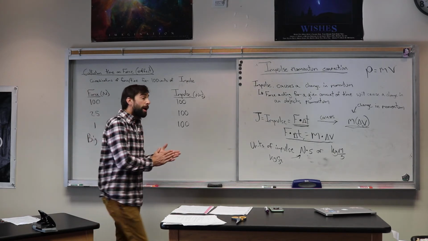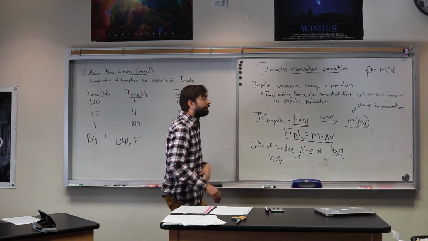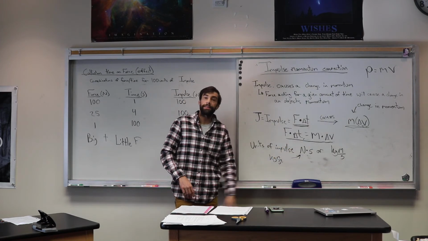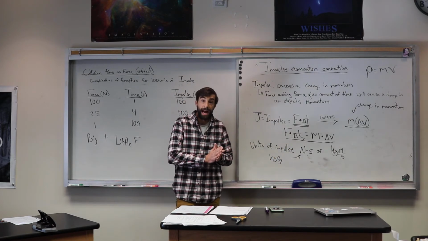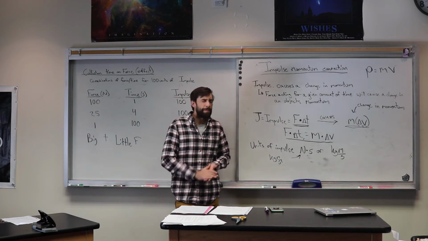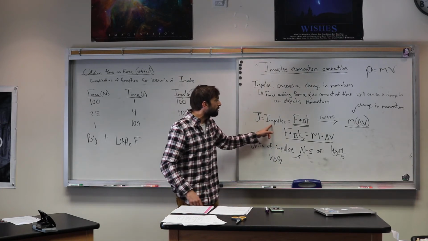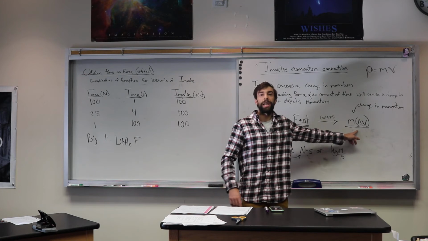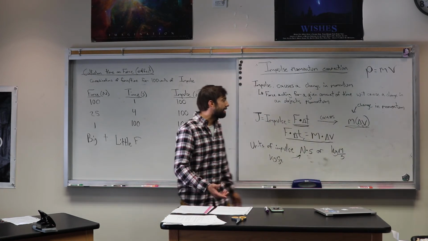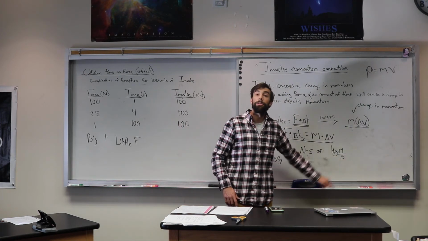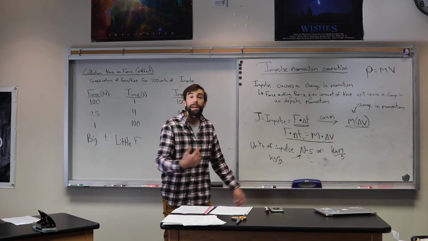So going back to impulse, the units of impulse are newton seconds. It's force multiplied by time. But some of you may be thinking, well, you told us impulse is equal to our change in momentum, and momentum is kilograms meters per second. How can they be two different things?